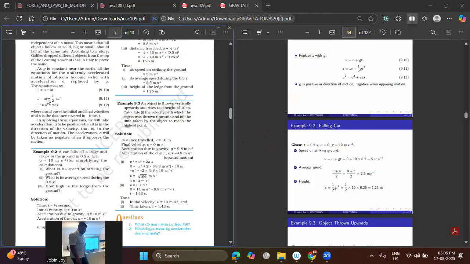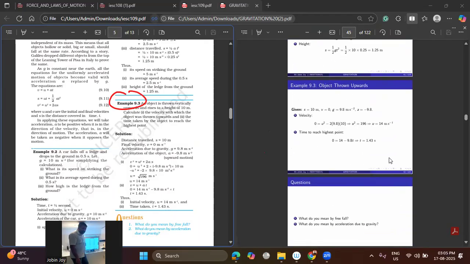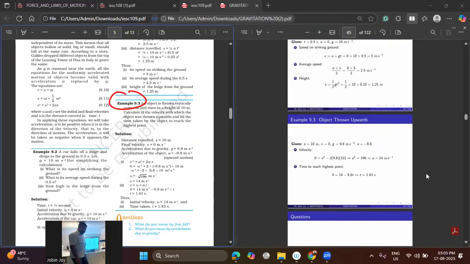Then next problem, example 9.3. Here, this is the Earth, the surface of the Earth.